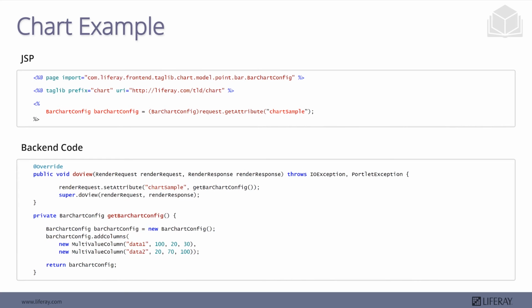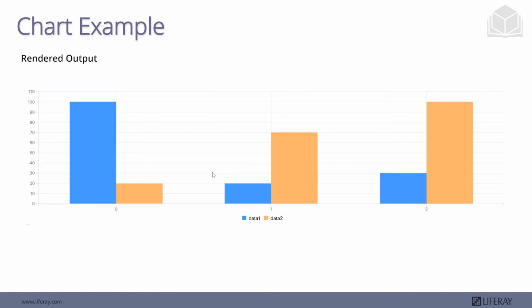It's called chart. And then down here in the back end, in our controller or our render, right, we can have the logic to create the chart, what the dimensions of it look like, what sort of data we are going to be adding to it. All of that to display something like this. So very cool.